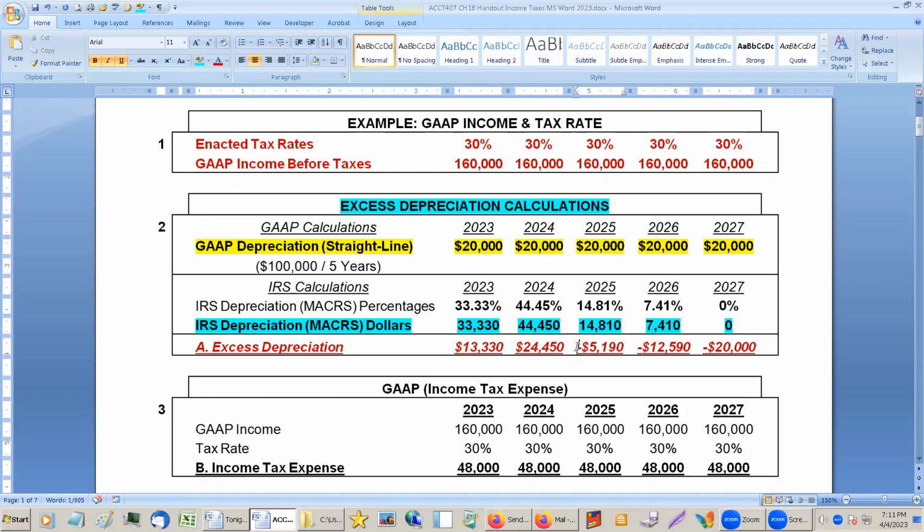For instance, by the time we get to the third year, we're writing off 20,000 for GAAP, but we're running out of stuff to write off for the IRS. It's only 14,000, so actually it starts to reverse out. And by the time we get to the end of this, these will all reverse out to zero, basically.